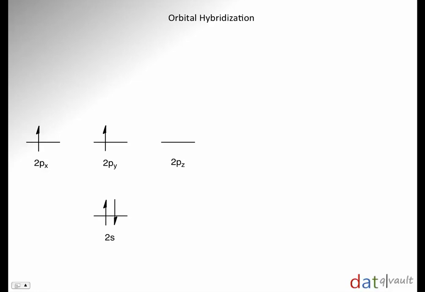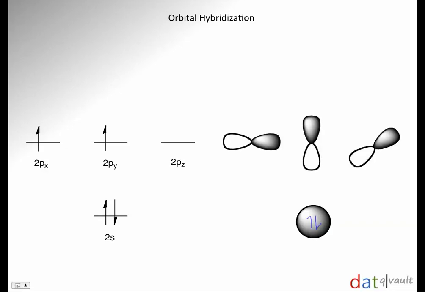Here we have the electronic configuration of carbon. If you remember, the 2s orbital is filled, and we have partially filled 2p orbitals. To get an idea of what these orbitals look like, a 2s orbital is circular. P orbitals look like this, and we have 3 of them: the 2px, 2py, and 2pz.